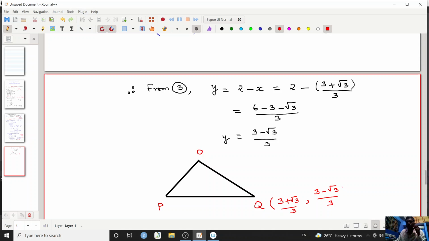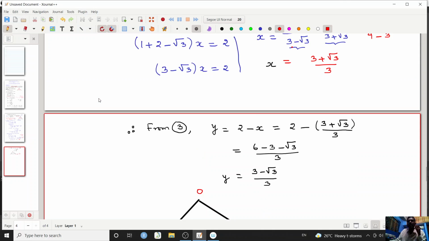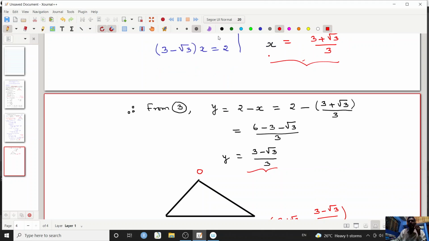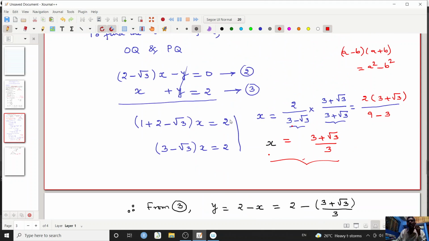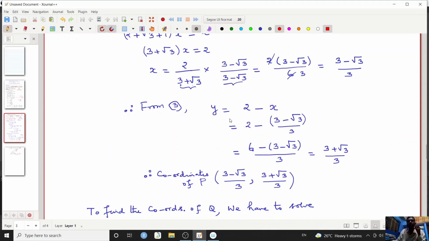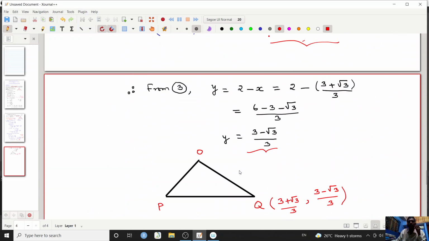So this is the x coordinate, and this is the y coordinate of Q. Likewise we have found out the x and y coordinate of P also. 3 minus root 3, 3 plus root 3. P also.